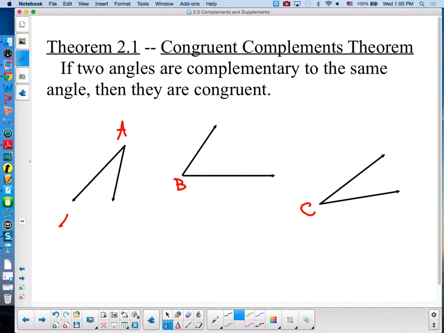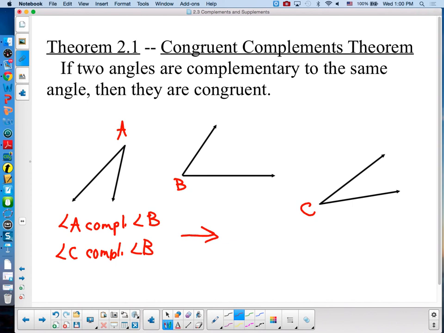So I'm going to say angle A is complementary to angle B. And another angle, angle C, is complementary to the same angle, angle B. So that's what it says we have to have. Two angles that are complementary to the same angle. What it says you can get out of that is, then they are congruent. What are they talking about, they?